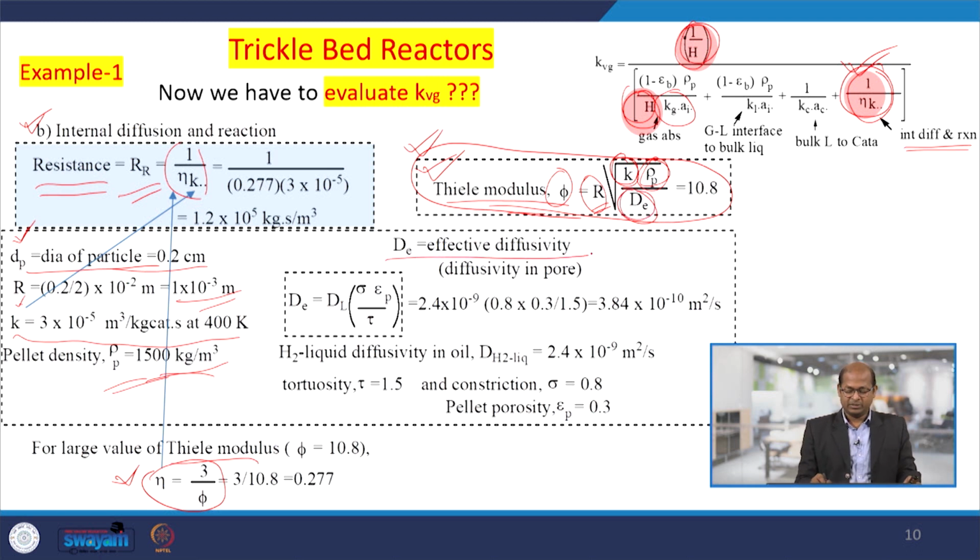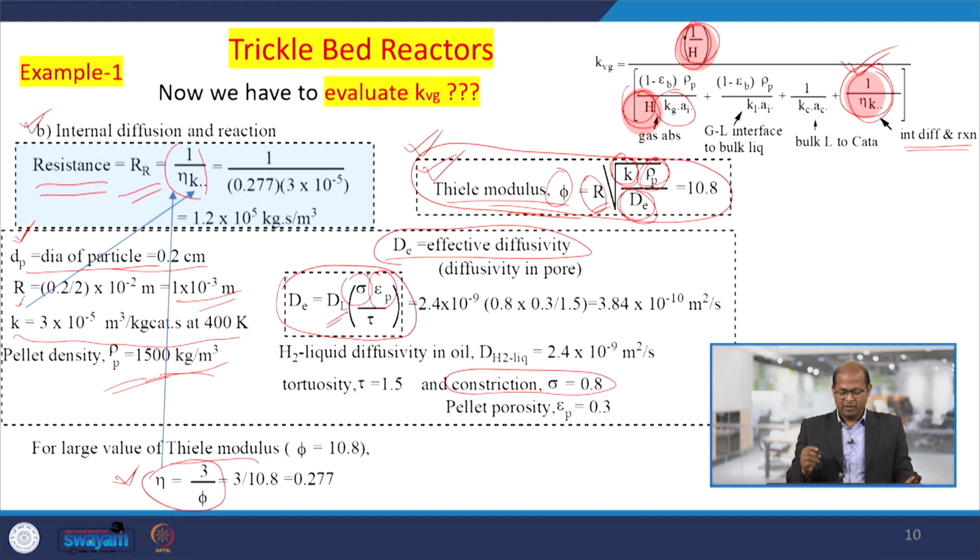Effective diffusivity, D is the effective diffusivity. When the component reaches the inside of the catalyst pore, there would be a diffusion through which the reactant component passes from one point to another point. So, this is the effective diffusivity. DL is the diffusivity in liquids, sigma value is the constriction factor that is given for this particular system.